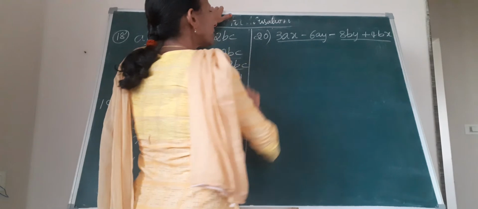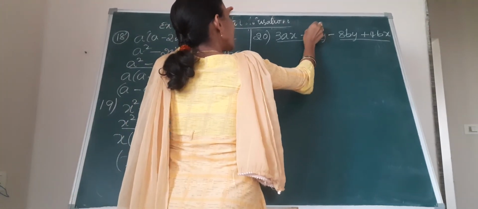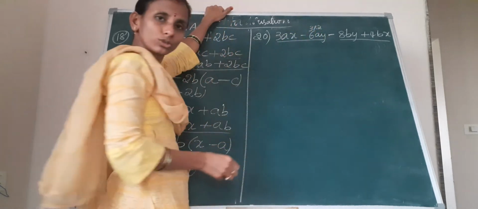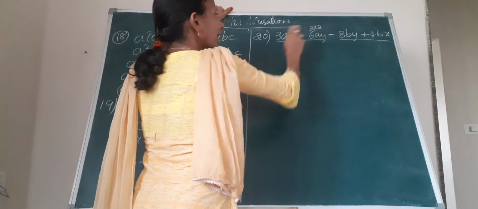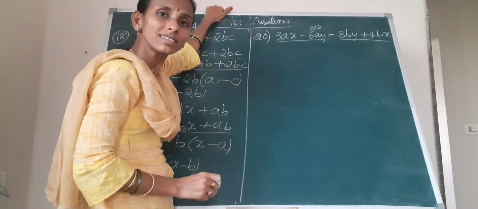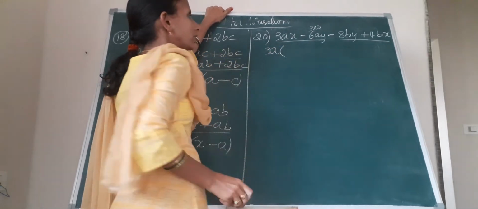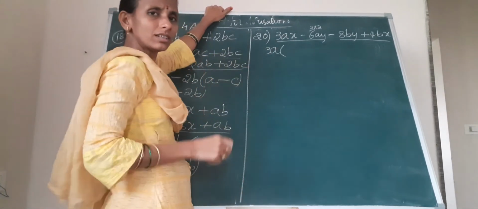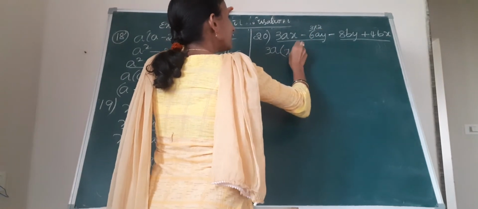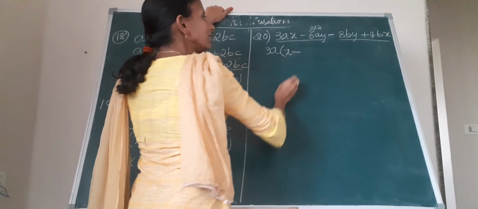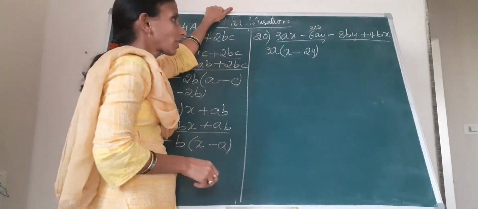Now in these two terms, what is common? This 6 we can write as 3 into 2. So we can take 3a as a common in the first two terms. 3a I am taking now. What is remaining here? X is remaining. And here minus 2y is remaining.